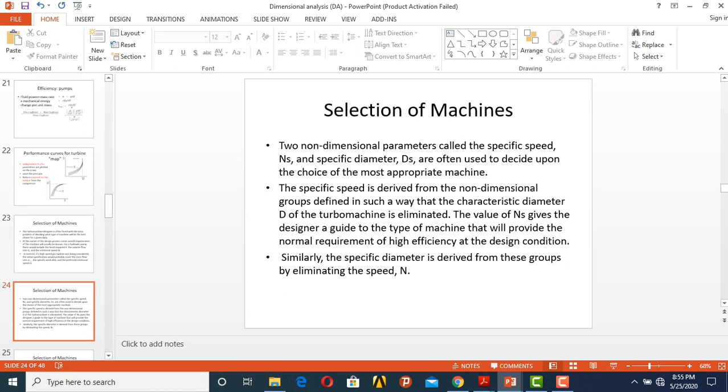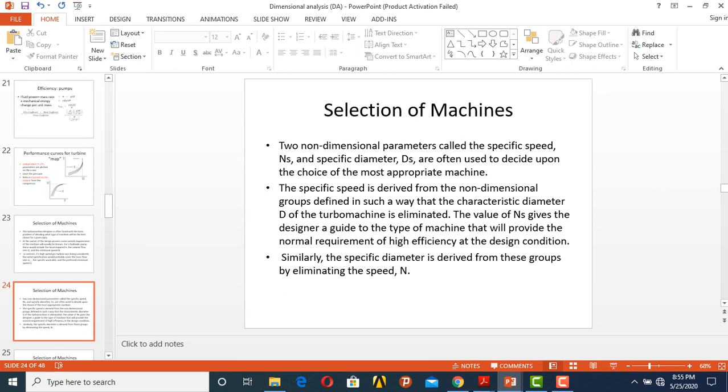So when you sit down to analyze the duty, the speed of the machine as well as the flow rate, these parameters will help you to come up with a specific speed.